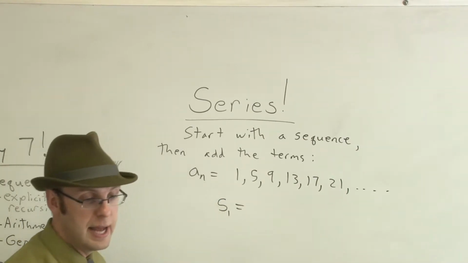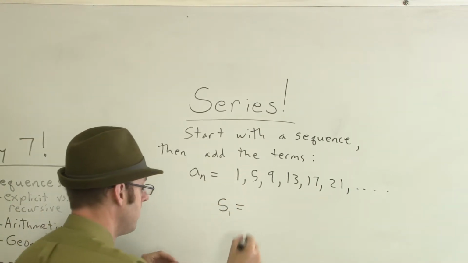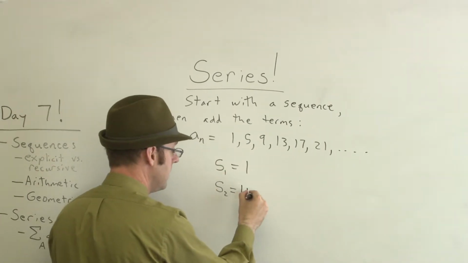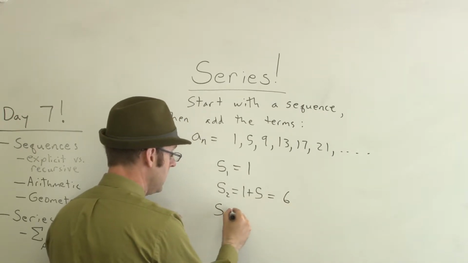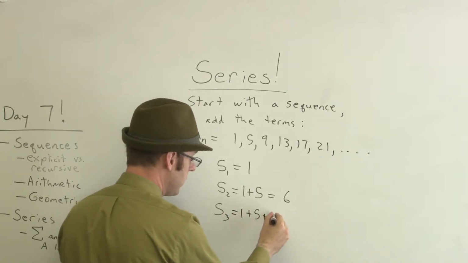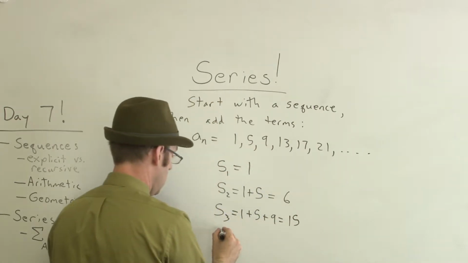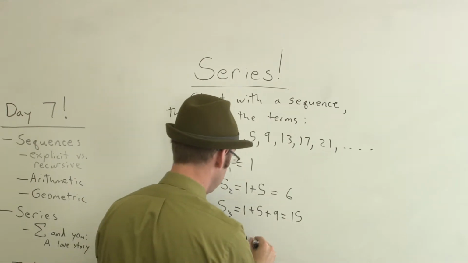the first term in that series would be the first term. The second term is what I get when I add A1 plus A2. The third term is what I get when I add the first 3 numbers. The fourth term is when I add the first 4 numbers, and so forth.